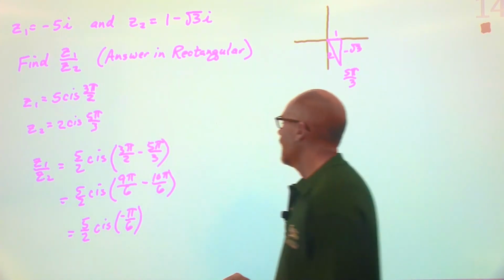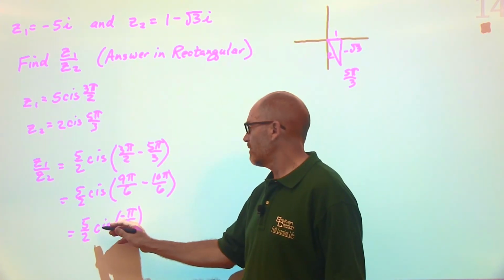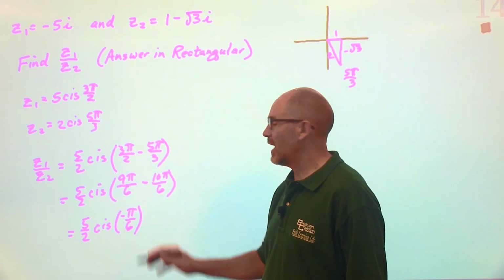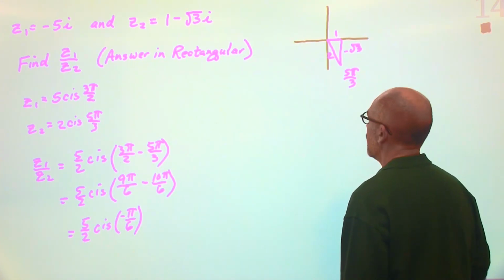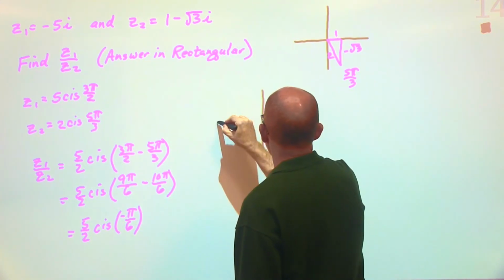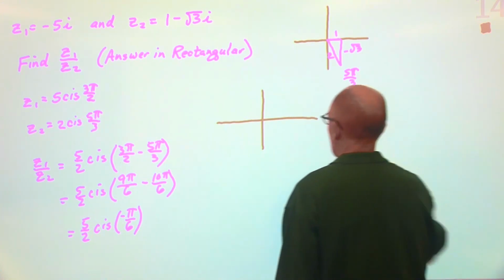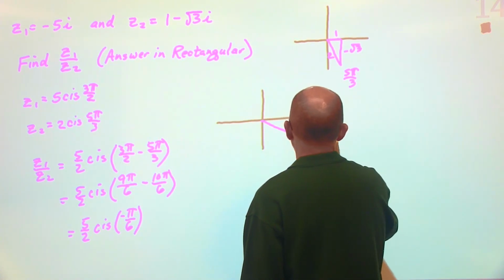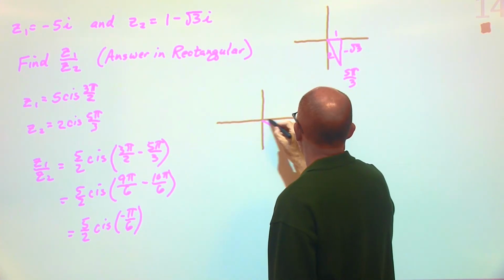Now, I could change this to 5/2 cis 11 pi over 6, but we really know that's where it is anyway. So what I'm going to do is just go to the negative pi over 6, and I know that's a 30, 60, 90 right triangle.